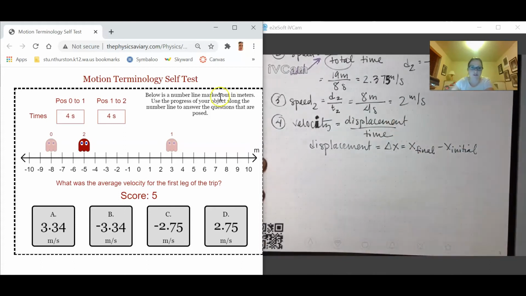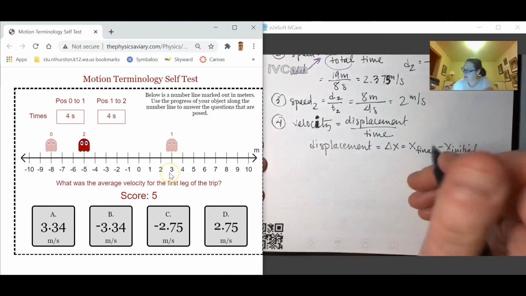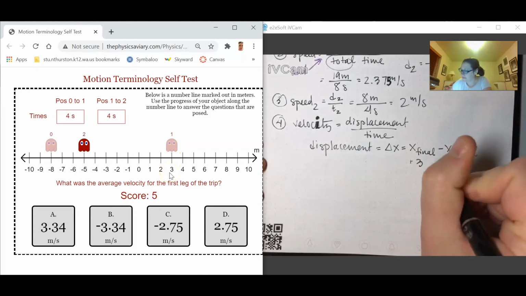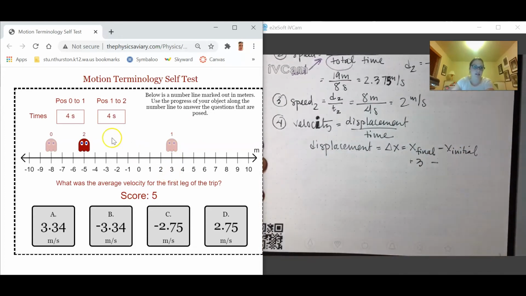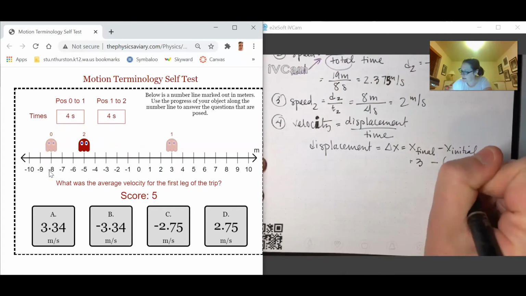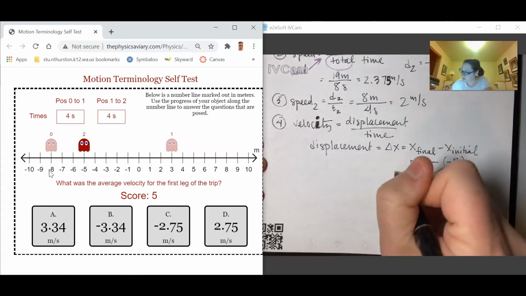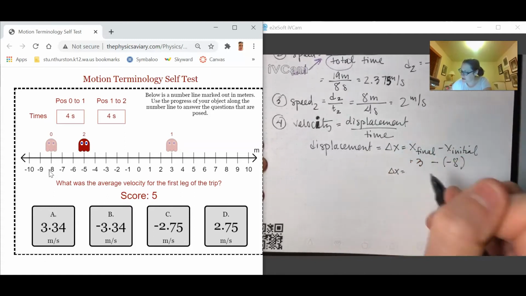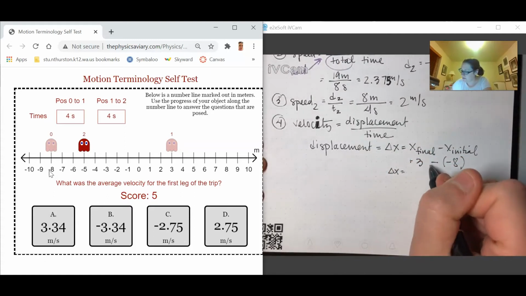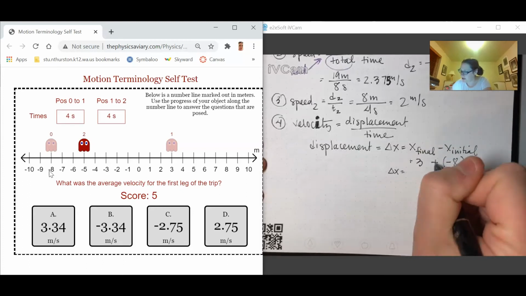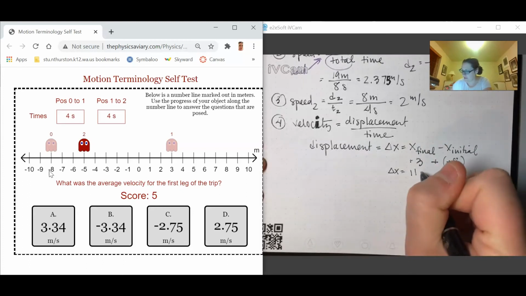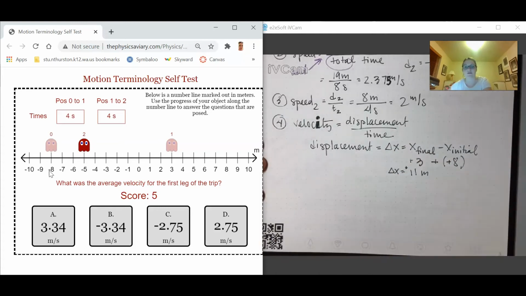My final position, looking at the first leg of my trip, that's position 1 over here, is a positive 3, minus my initial position, which was position 0, is a negative 8. So my displacement is going to be positive 3 minus minus 8, or 11 meters in the positive direction.